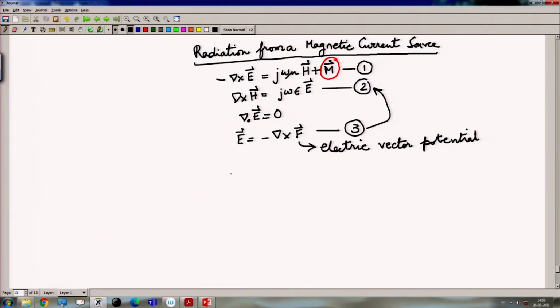We have curl of H equal to j omega epsilon times minus curl of F, whereby we have curl of H plus j omega epsilon F, curl of the sum, equal to 0.